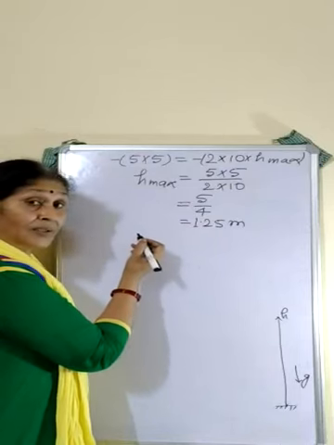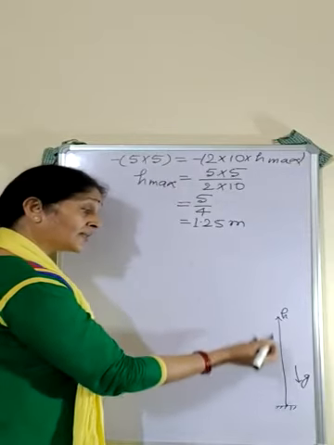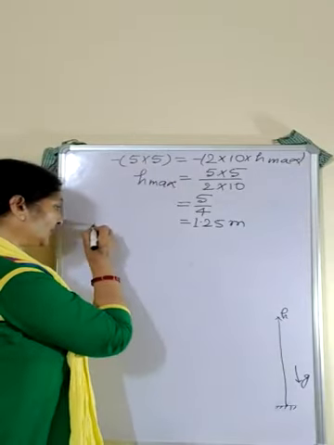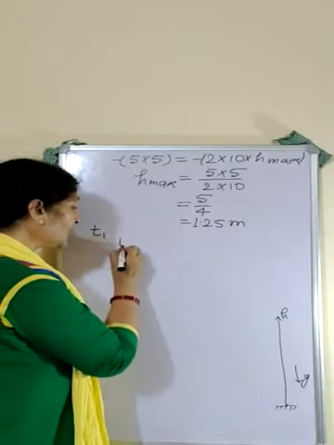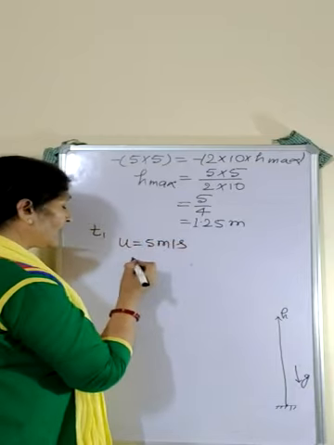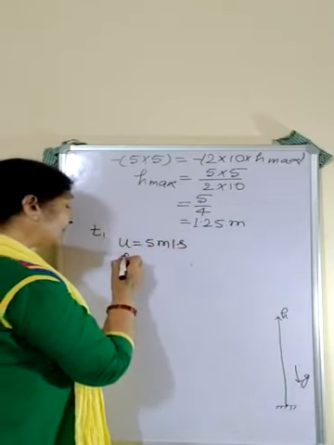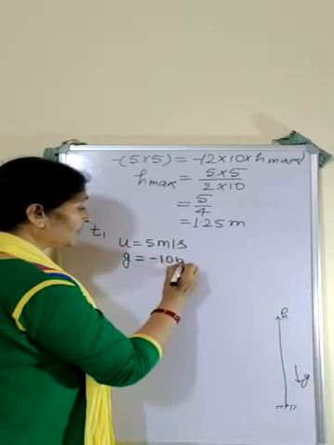Let us assume the time taken by the stone to reach the maximum height is t1. In this case, the initial velocity of the stone is 5 meter per second. The acceleration is minus 10 meter per second square.